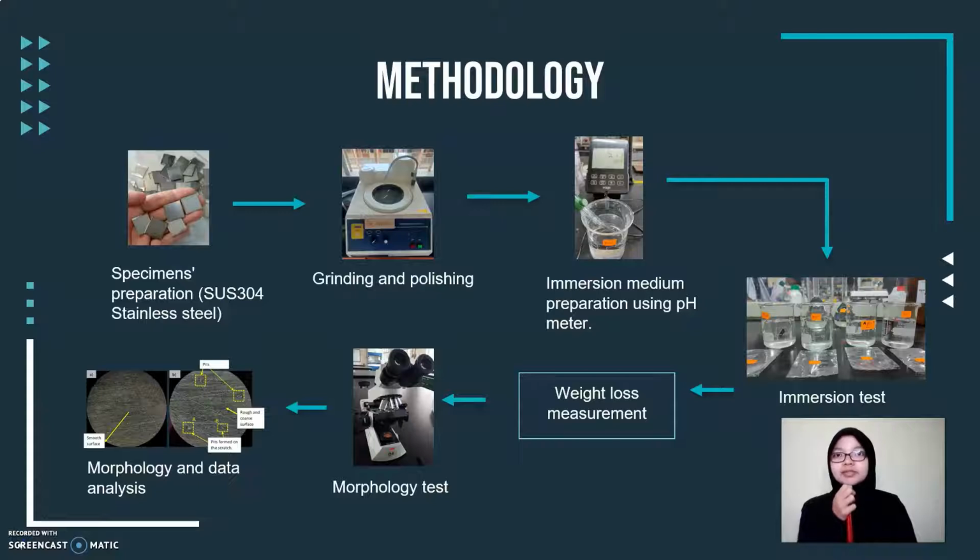Next is preparation of corrosive media. This research was conducted using different pH of corroding media, which are pH 2, 4, 5, 7, and 9. Corroding media with pH 2 and pH 9 were prepared respectively by adjusting the pH of the acidic solution used in this study, 0.1 mole HCl solutions.